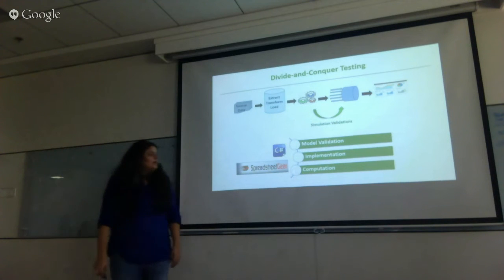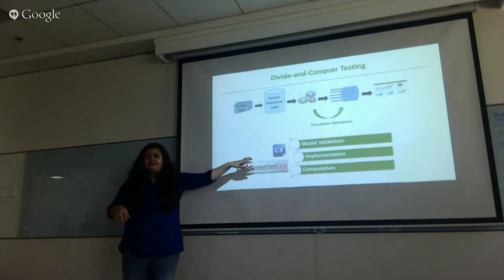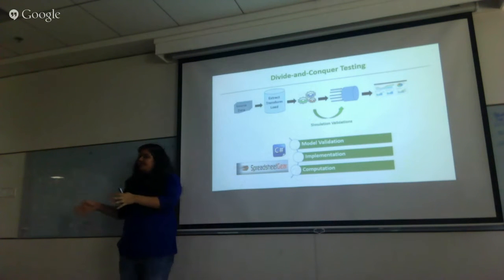We've used C# and something called SpreadsheetGear over here. SpreadsheetGear is nothing but an interface between Microsoft Excel and the database. Using C# scripts, we take a dump of the entire database and put it into Excel. This dump includes the inputs, all the parameters that you might have for the model, and the outputs.